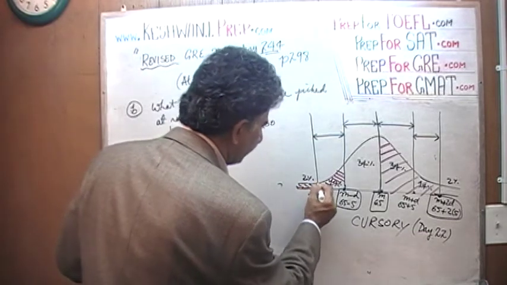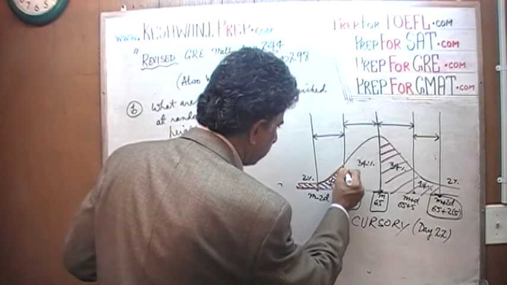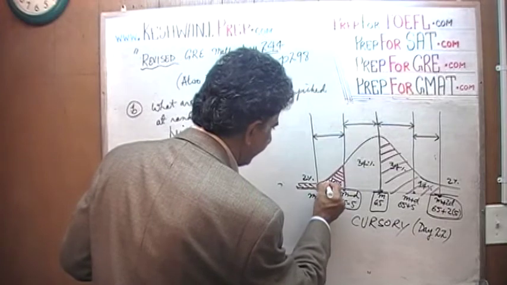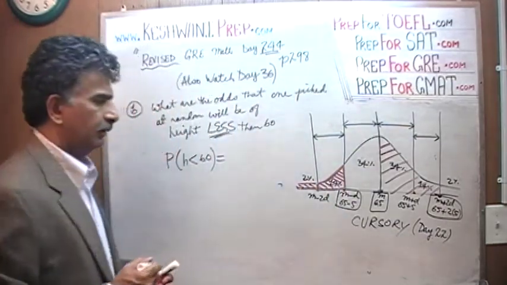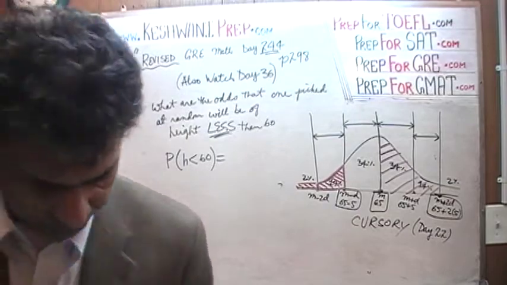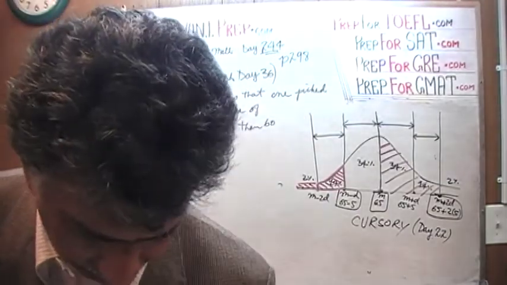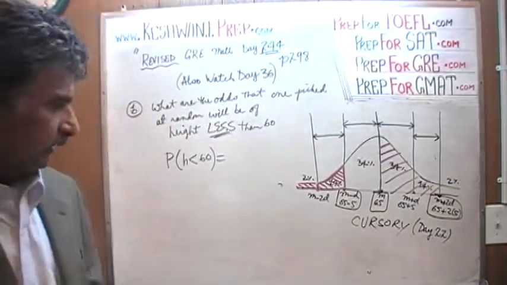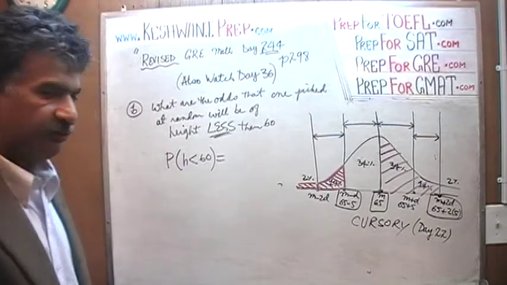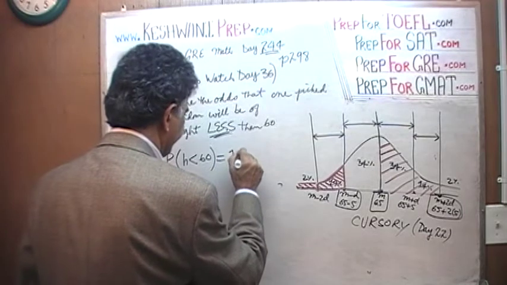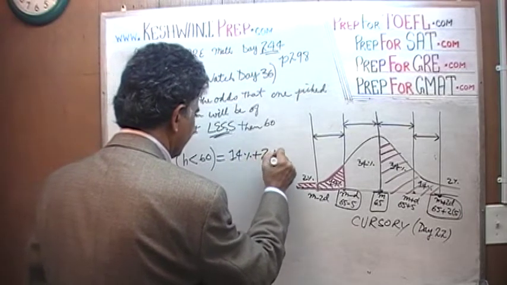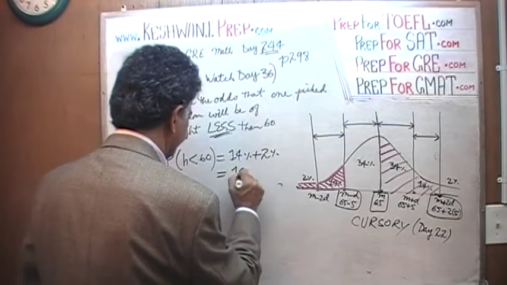We know this area is 14% of the population, and this remaining part is 2%. So it's 14 plus 2, 16%. That's what it is. The odds that one penguin picked at random will have the height of less than 60 is simply 14% plus 2%, which is 16%.